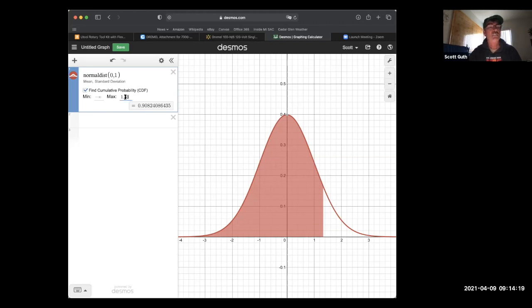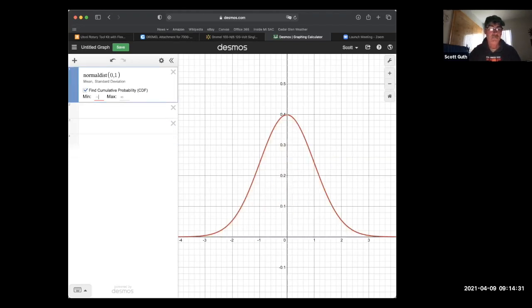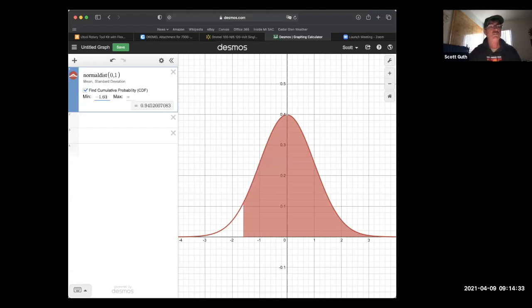Now, if you delete the max, it goes back to infinity. The second problem has a min of -1.60, but no max. So -1.60, and you get 0.9452, which is the answer we got.